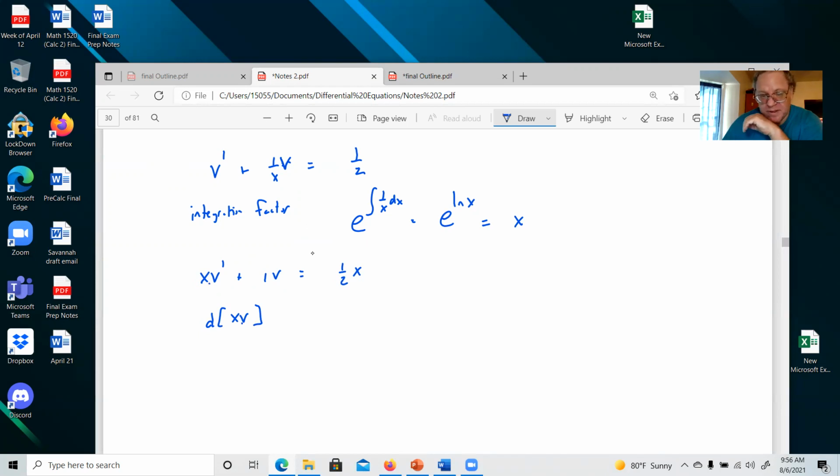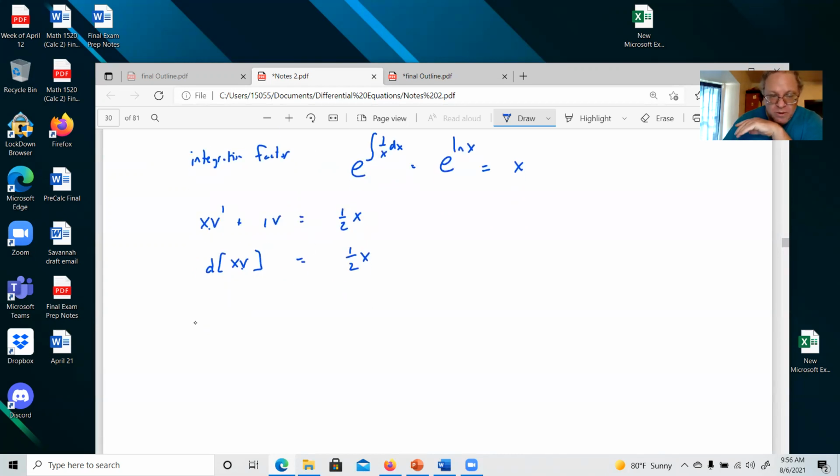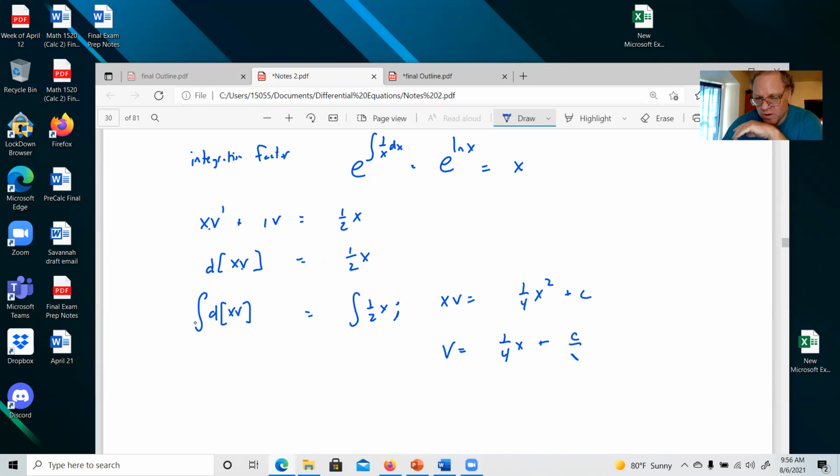I think that's pretty obvious. And we have 1/2 x over here. Integrate both sides. We're going to integrate the derivative of xv, and integrate 1/2 x, and get the constant. So we have xv is equal to 1/4 x squared plus c. So v is equal to 1/4 x, dividing both sides by x, plus c over x.